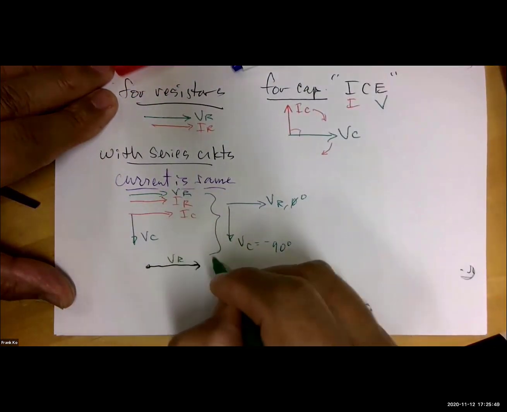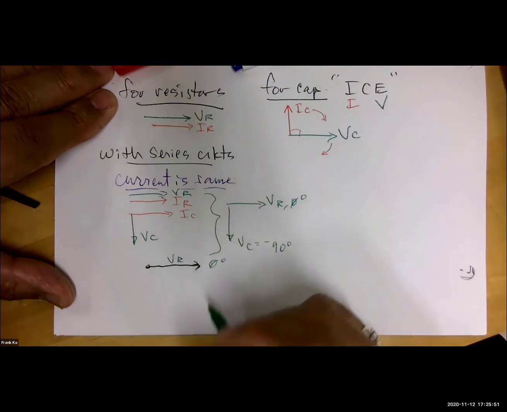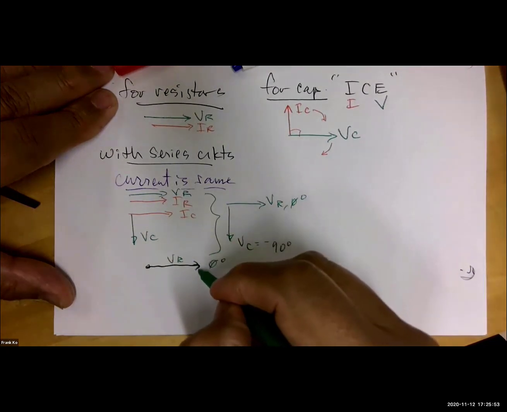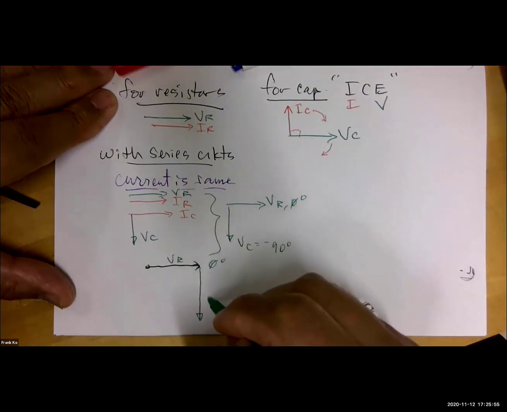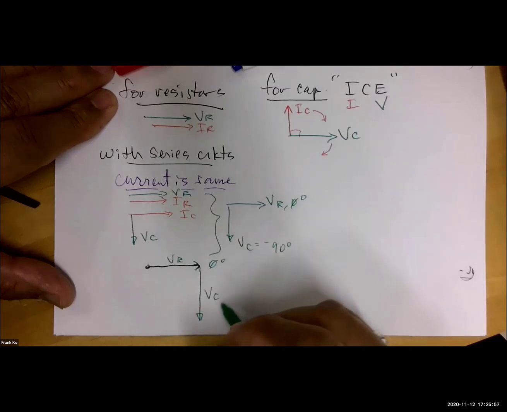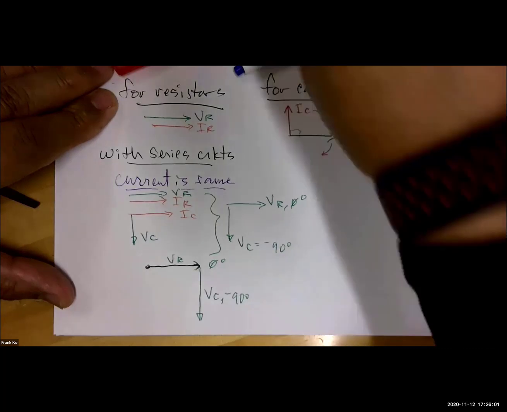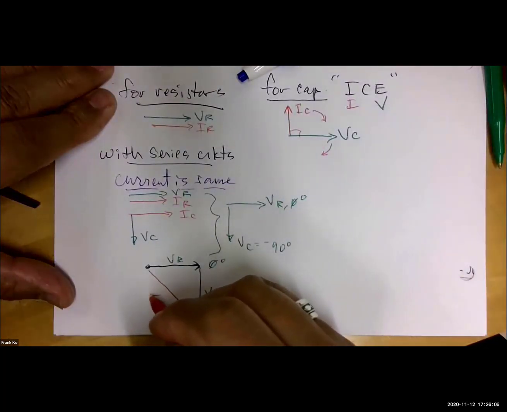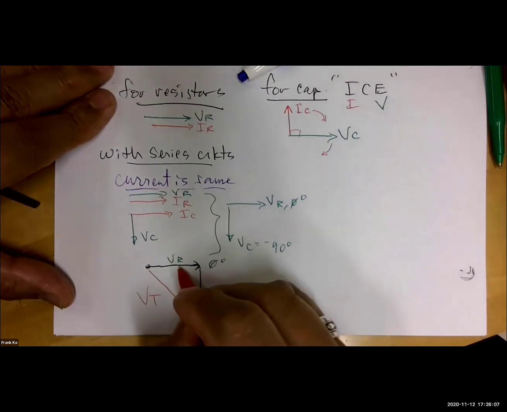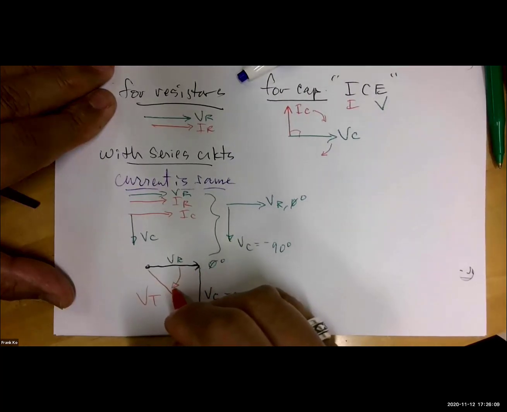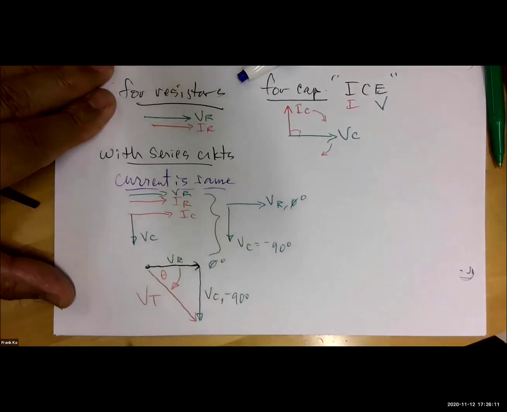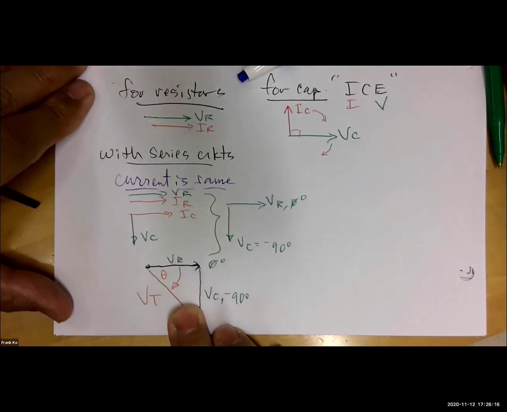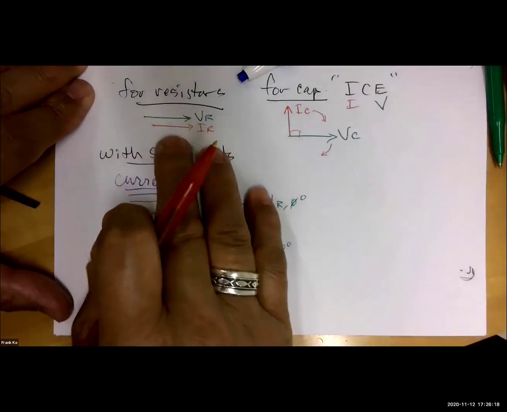VR at 0 degrees. And at the very end of VR, I will then attach my VC at negative 90 degrees in order to find my V total right here, and my angle is going to be a negative phase angle coming down, and we calculate this using Pythagorean theorem. That's what happens in series circuits.